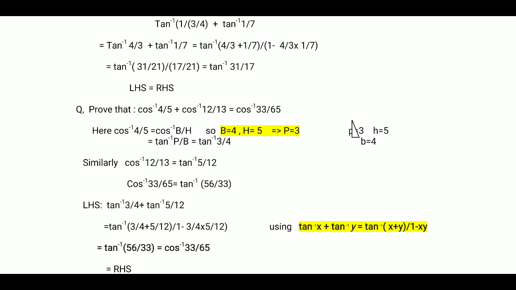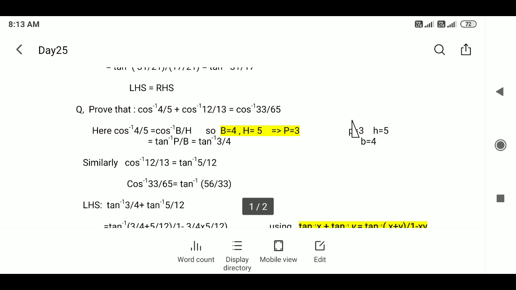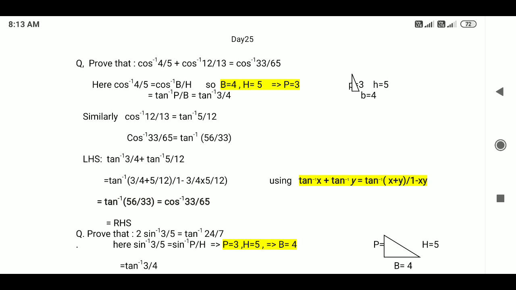So cos inverse 12 by 13 will become tan inverse 5 by 12, perpendicular upon base. Similarly, cos inverse 33 by 65 is equal to tan inverse 56 upon 33. In a similar way, we can calculate by taking a triangle whose base is 33 and hypotenuse is 65. Then we calculate its perpendicular will be 56.